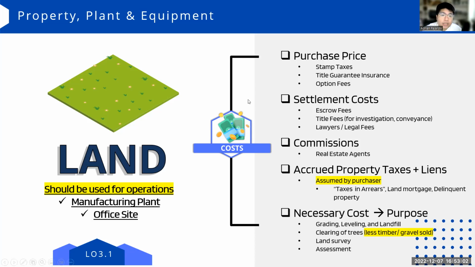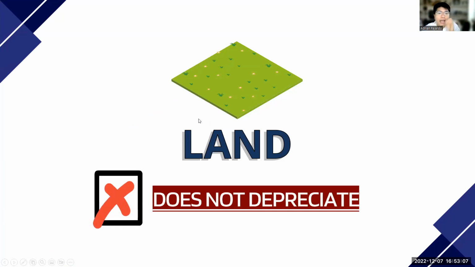So the reason why it's important to distinguish one PPE class from another is that unlike land improvements, unlike buildings, unlike equipment, land does not depreciate. So it never depreciates. If you have friends into finance or you have brothers, sisters, and they ask you what the best investment is, a lot of people have a theory that, aside from the stock exchange and whatever, if you have the money, buy land because it never depreciates.